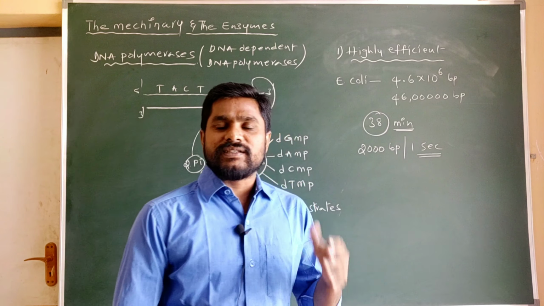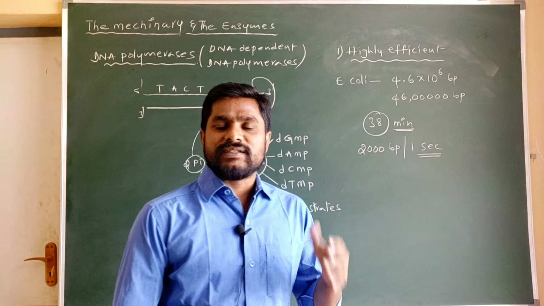The function of 5' to 3' polymerase activity of DNA pol 1 is to synthesize short segments of DNA molecule. Another function of this 5' to 3' polymerase activity is DNA repair.